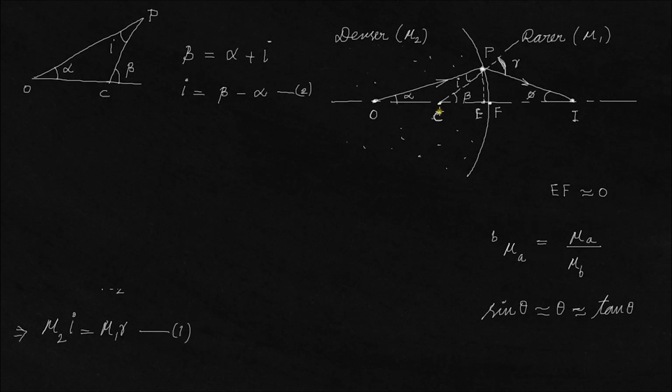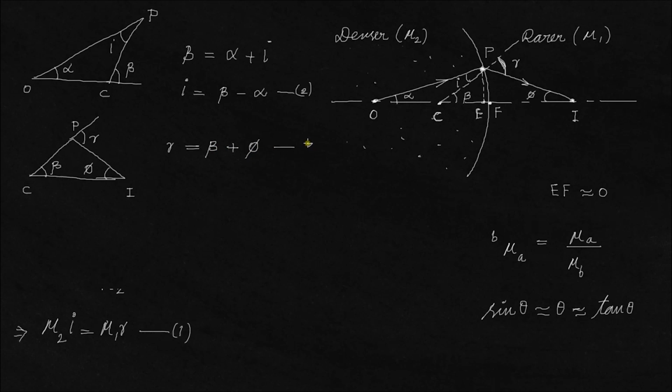Similarly, when I consider the triangle CPI, here r is the exterior angle and beta and phi are the interior angles, and we know r is equal to the exterior angle, equal to the sum of the other two interior angles, so beta plus phi.